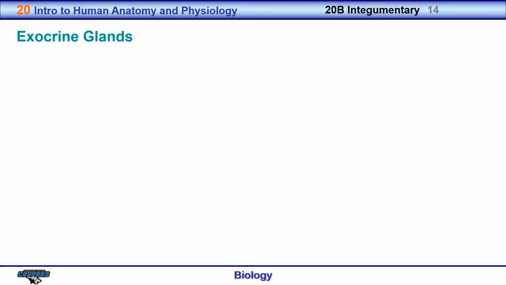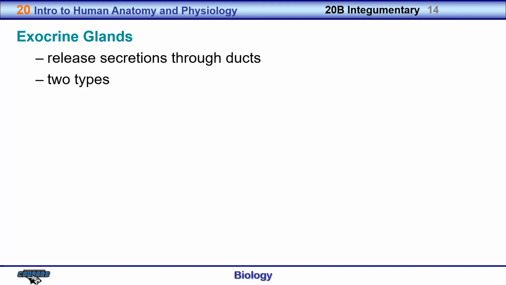Now, also part of the skin are the exocrine glands, and there are actually two kinds of those. The exocrine glands secrete through little ducts on the surface of the skin. The first one is the sebaceous gland, and it produces sebum.